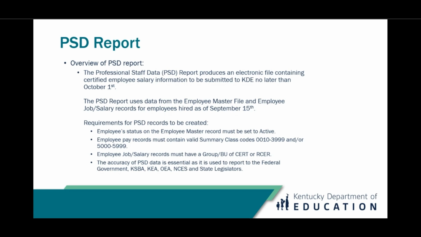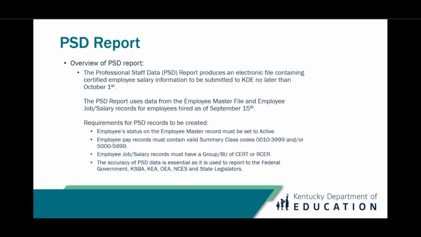Requirements for PSD records to be created. So these are the requirements that will pull the person in automatically to the PSD report. That doesn't mean you can't add people later, but this is what's going to initially pull these employees into the PSD report. An employee's status on the employee master record must be set to active.